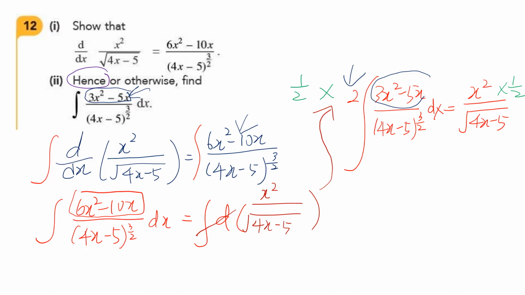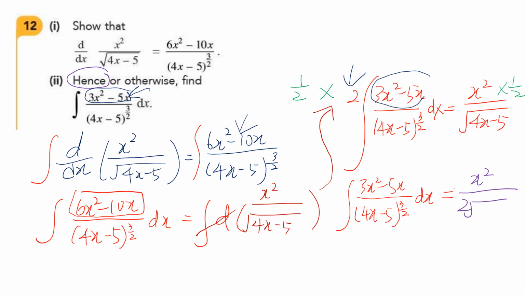So what I would end up with would be exactly what I'm required to do for the question. And of course, not to forget our plus C, very important. Okay, so this is how we do it. And for this part of the question, I think it's about 3 or 4 marks in the exam.